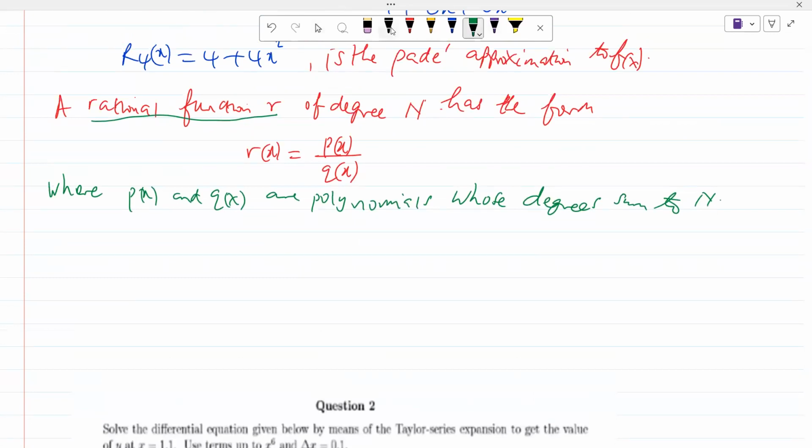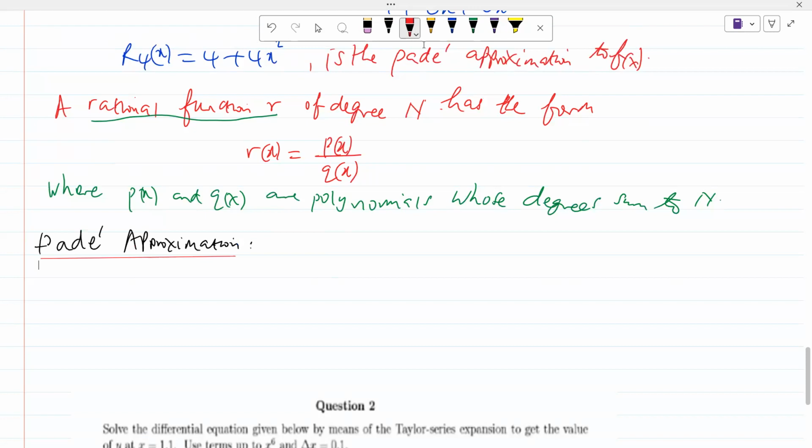But now let's look at the Pade approximation statement. In general, what do we mean by this in a general context?